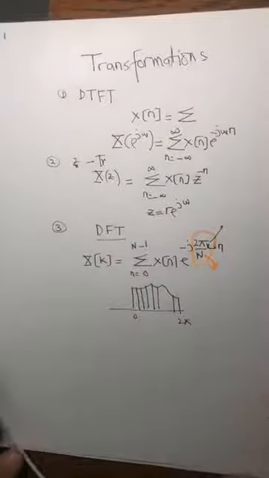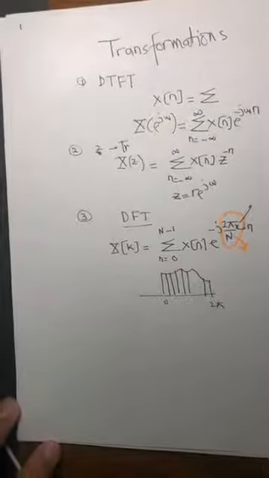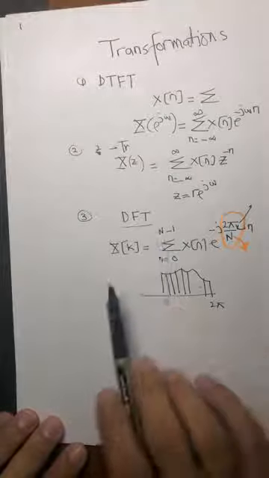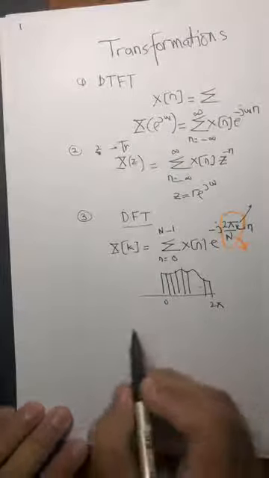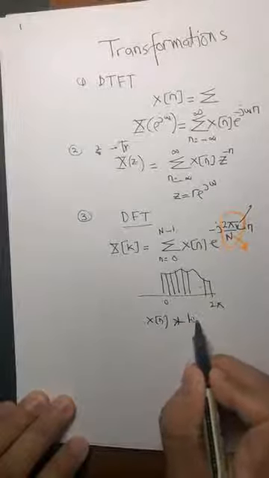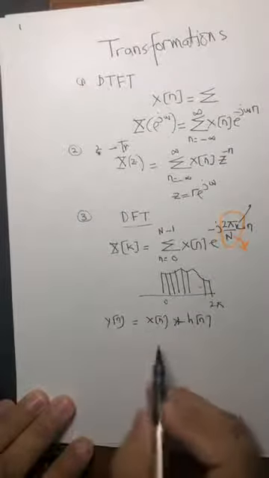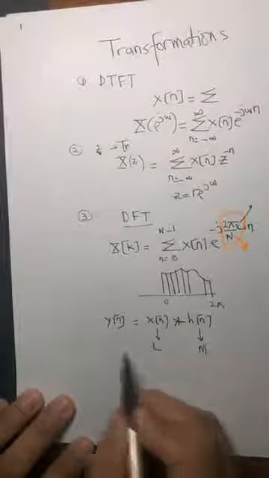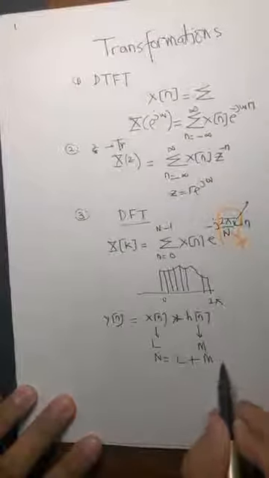Then Dr. Ali also covered last time the use of the discrete Fourier transform in solving convolution. If the length of x is L and the length of h is M, then we know the length of y, which is N, is equal to L plus M minus 1.